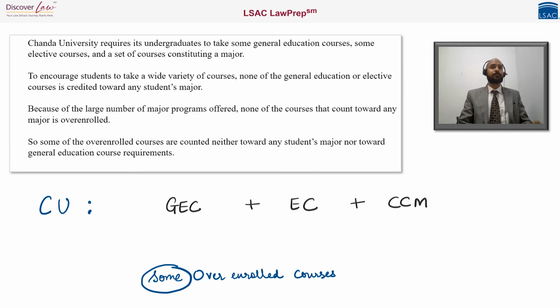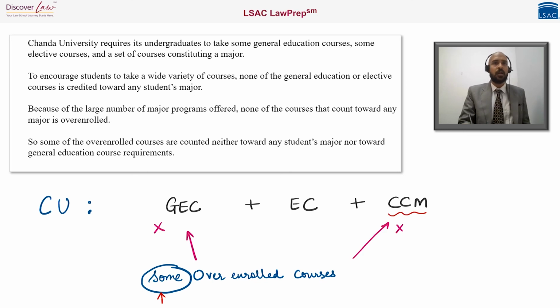Okay, so you know that you have here something that says that some of the over-enrolled courses are counted neither towards the student major, which means they're not counted here, nor towards the general education course requirement. Okay, which means that these could be counted maybe here towards the elective courses, or maybe there are some other courses.